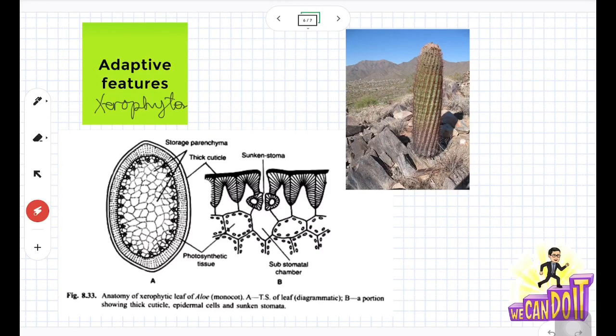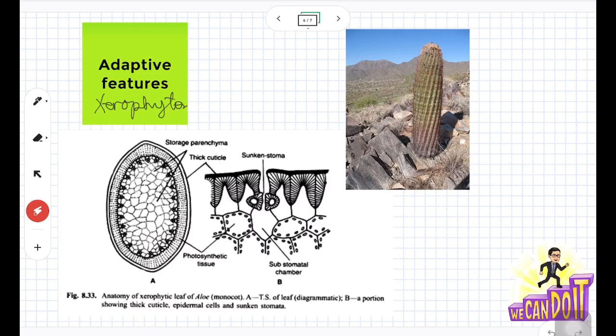Small leaves to reduce surface area. Some of the xerophytes can have this kind of feature, having small leaves to reduce surface area for evaporation. Some species can have rolled leaves to maintain humidity around the stomata, and extensive roots to maximize water uptake.